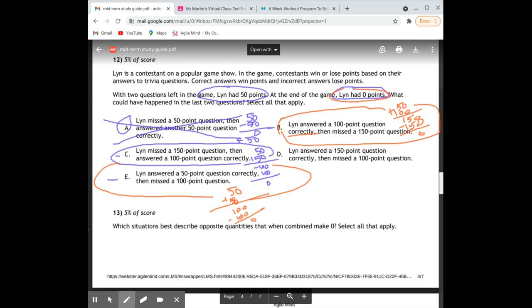All right. Our next one, Miss Brooklyn, says Lynn answered a 150-point question correctly, then missed a 100-point. So remember, we start with 50. Then it says she got one correct for 150. So would you add or subtract that, Brooklyn? Could you repeat that? Right here, Brooklyn.